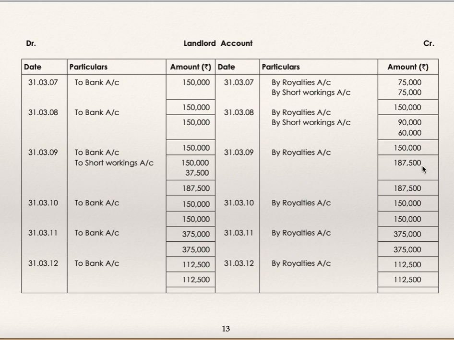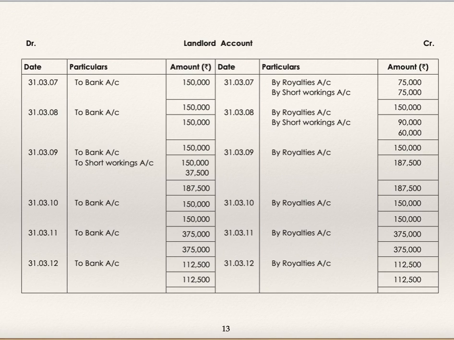Third year, by royalty 1,87,500, 37,500 he is recovering. So to short working 37,500 to bank 1,50,000. And in the remaining last 3 years, by royalty to bank, same amount. This is how landlord account is to be prepared.